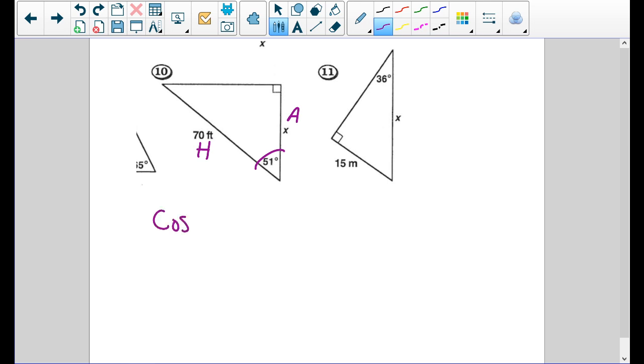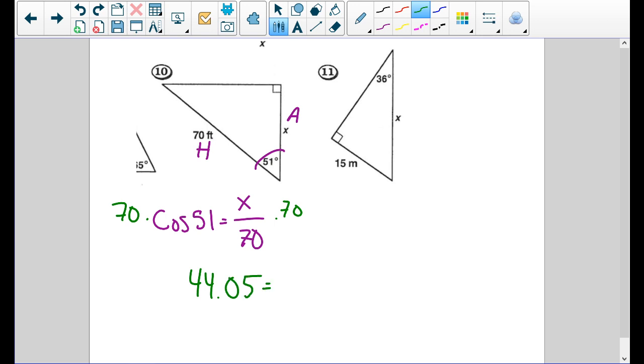Cosine. So cosine 51. A is x, hypotenuse is 70. How do I solve? Multiply by what? Multiply by 70. So 70 times cosine 51. 44.05. So that's my side length I'm missing.